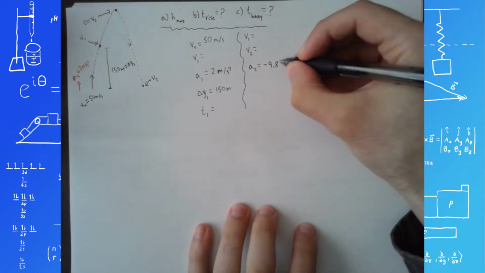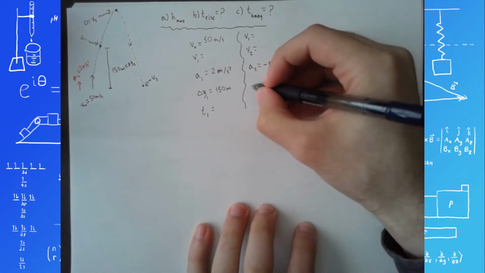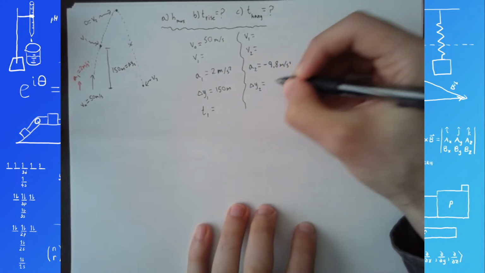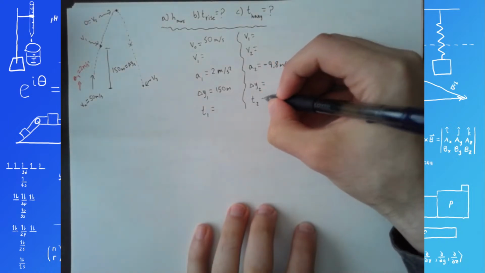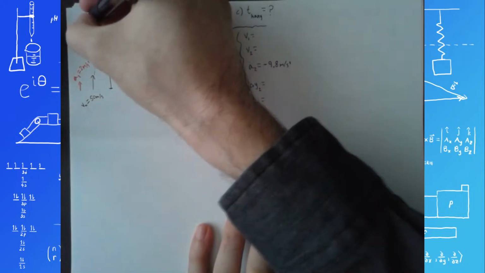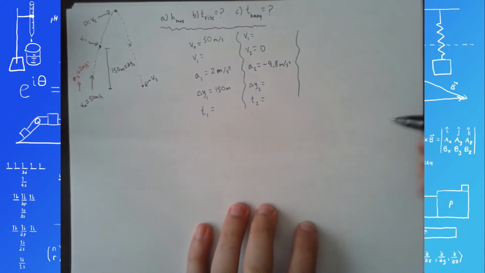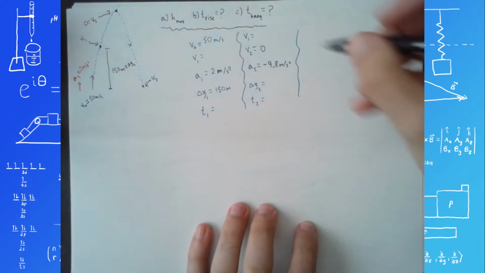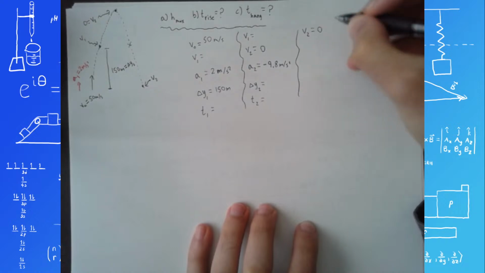Anyway, negative 9.8, negative g, negative 9.8 meters per second squared for the acceleration. Displacement for phase 2, we currently don't know. And time for phase 2, we don't know. We do know V2 is equal to 0, so let's fill that in. And phase 3, from all the way up here to all the way down here, it'll start with velocity V2, which we know to be 0.